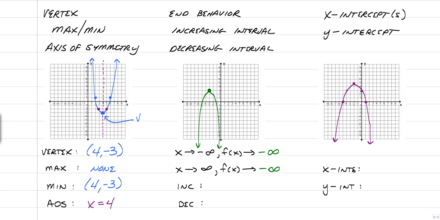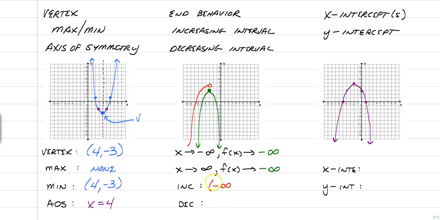Okay? Now our increasing and decreasing intervals. When you are talking about intervals, you always have to think in terms of reading. We always read left to right, so we're going to read a graph left to right. So coming from the left, we see that the graph is increasing all the way until it gets to our maximum point. So it increases from -infinity.